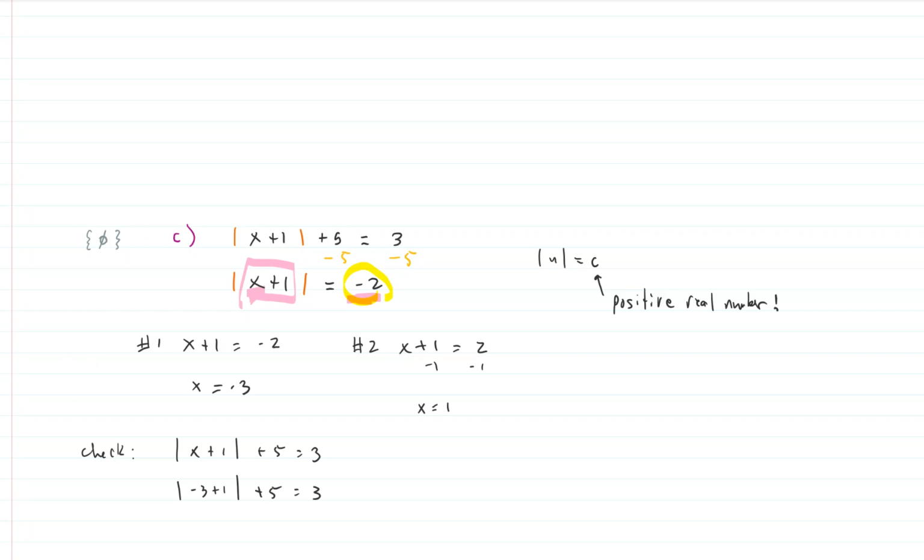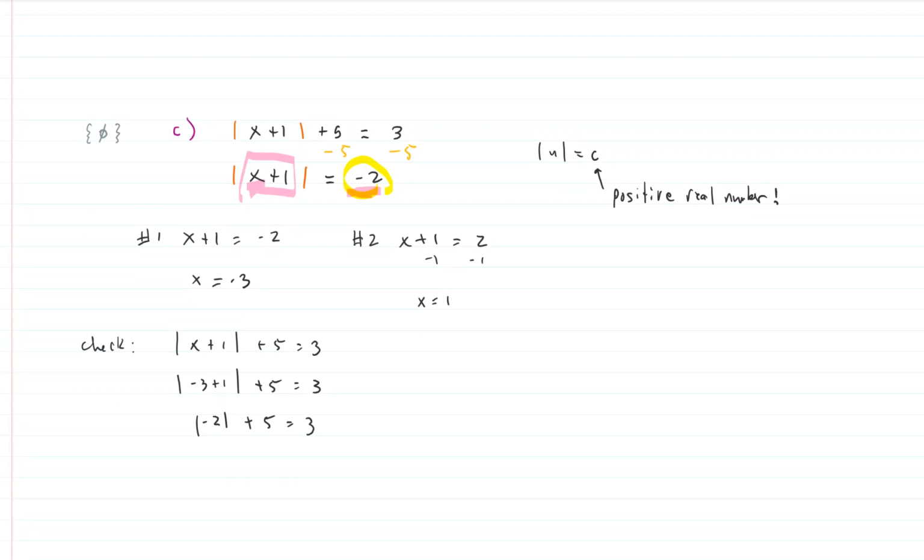Negative 3 plus 1, that's negative 2. Absolute value of negative 2 is 2. 2 plus 5, does that equal 3? Nope. 7 equals 3. That's not a true statement, you see. We verified that this is not valid, right? 7 doesn't equal 3. It's impossible.